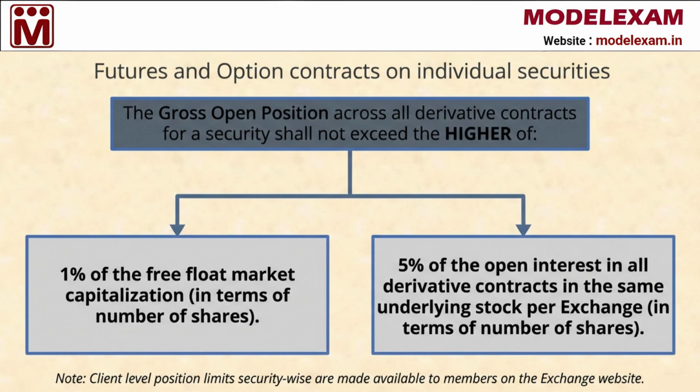The first number is 1% of the company's free float market capitalization measured in the number of shares. The second number is 5% of the total open interest for all derivative contracts on that exact same stock across the exchange, again measured in shares. Whichever of these two numbers is greater becomes your absolute limit as a client.